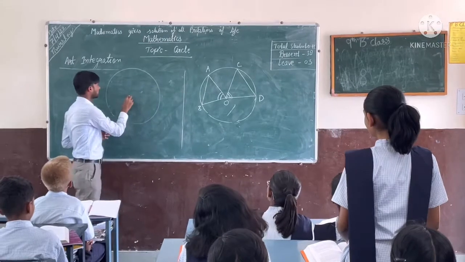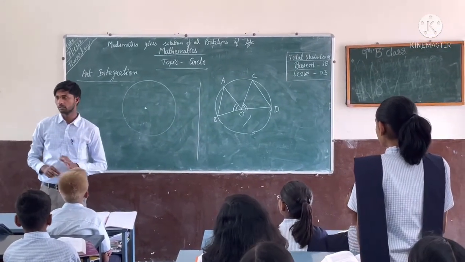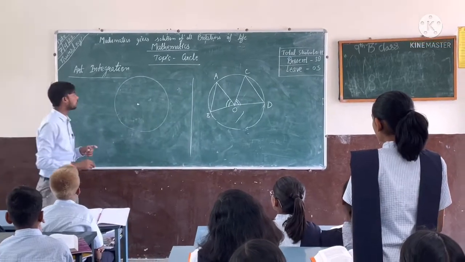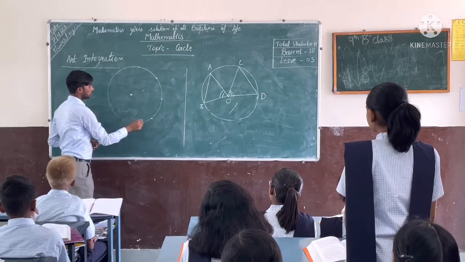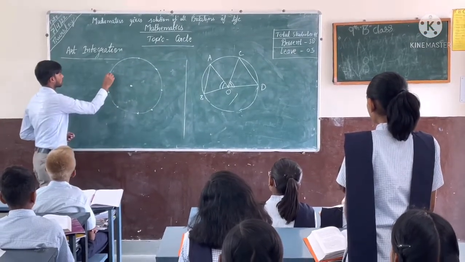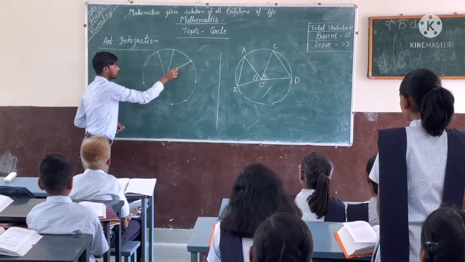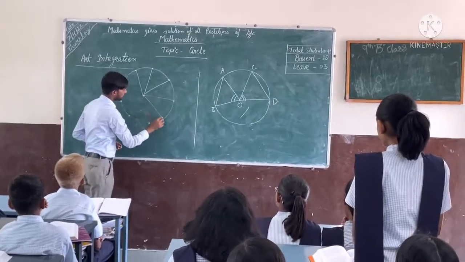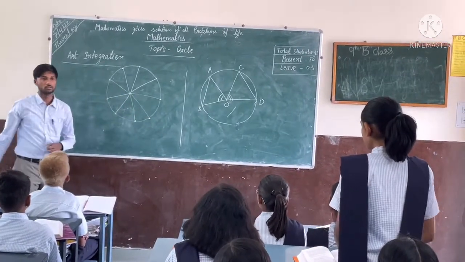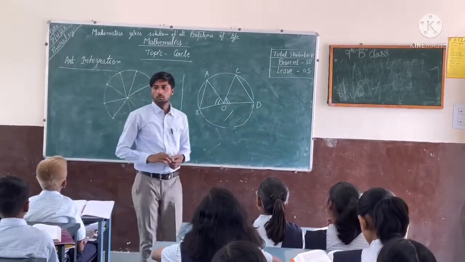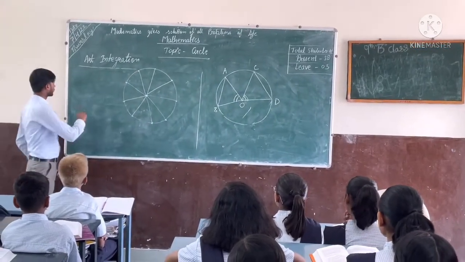Center is a point which is equidistant from all the points of circumference. You can see this point is equidistant or not, because if all these points make radius, as we know that all the radii of a circle are equal, right? Sit down please.